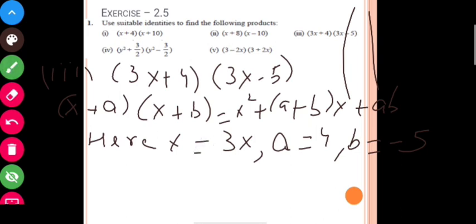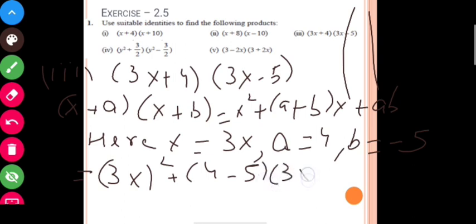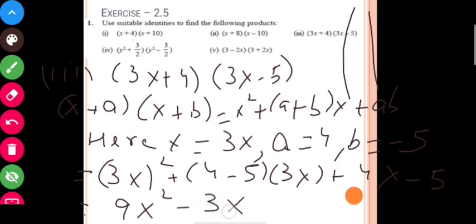Now put the value here, it will be 3x square plus 4 minus 5 into 3x plus 4 into minus 5 here. So 3x square will be 9x square. 4 minus 5 will be minus 1, and minus 1 into 3x will be minus 3x, and it will be minus 20. Very simple, students.